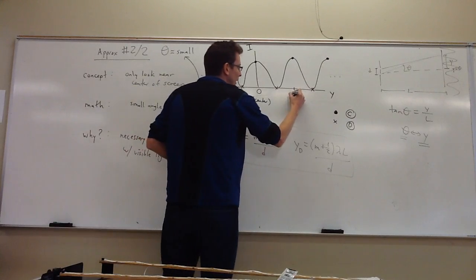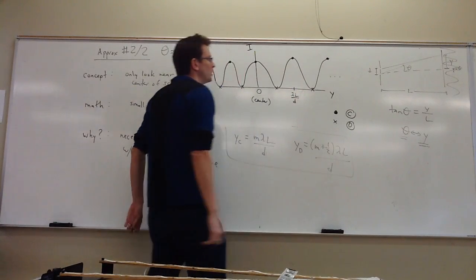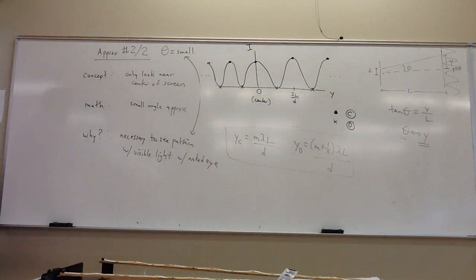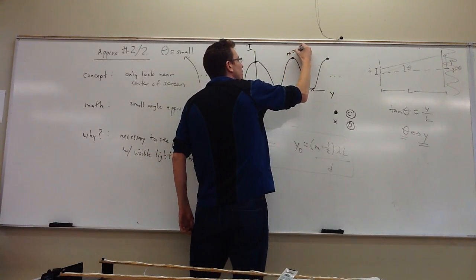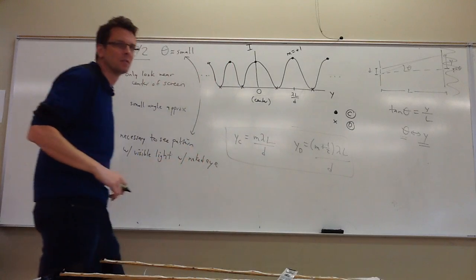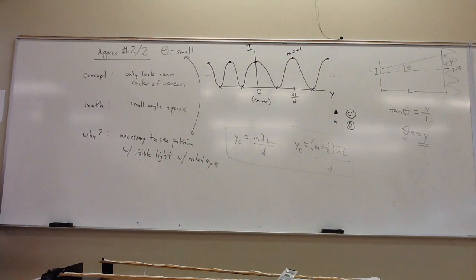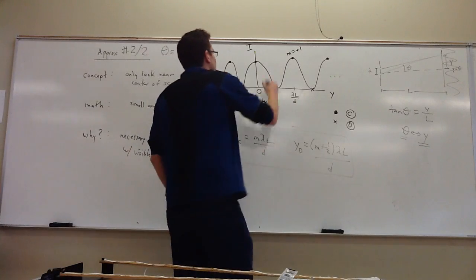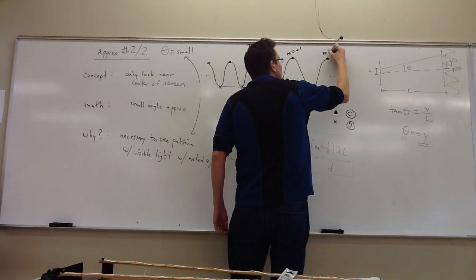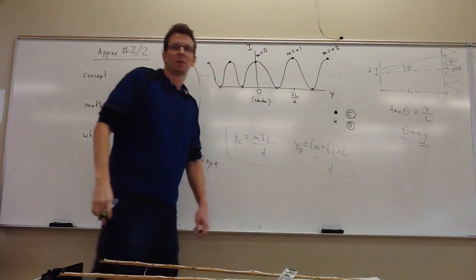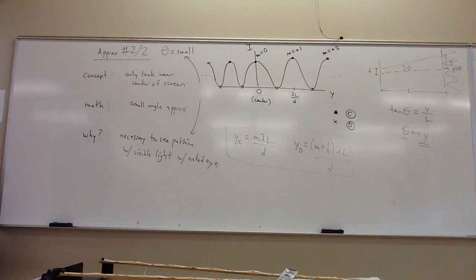And the next one, m equals 1, will be this one. That will occur at lambda L over d. So this right here is the m equals +1 bright, or constructive. This is the m equals 0. This is the m equals +2. And again, remember what's happening there.